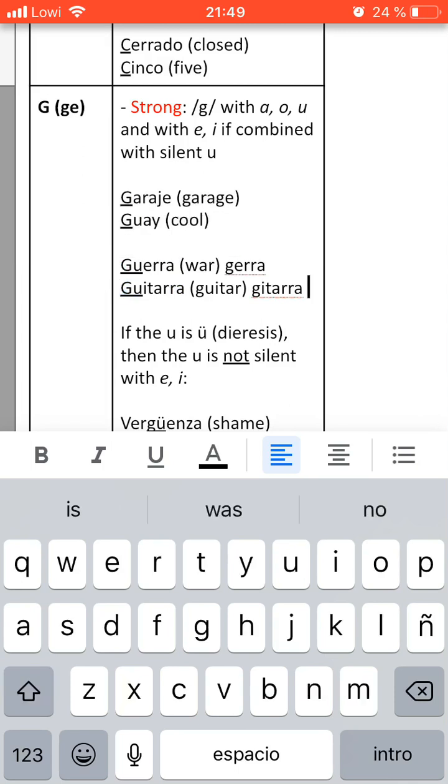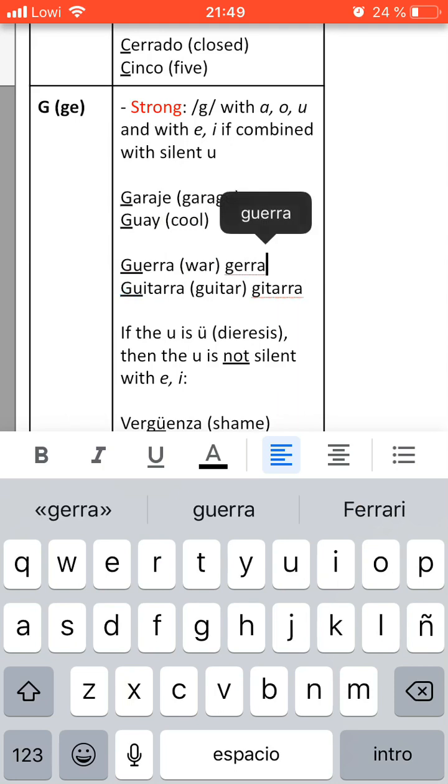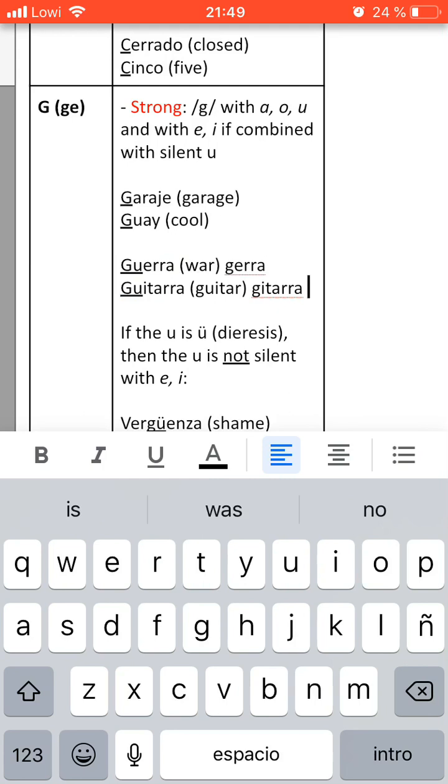If we don't put the silent U, we will have different pronounced words, in this case ge and gi, which don't sound strong, they sound soft, and it wouldn't be our purpose. Okay, so if we want to make the combinations of G with E and I, we must include the silent U in the middle.